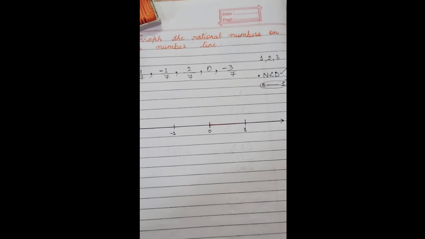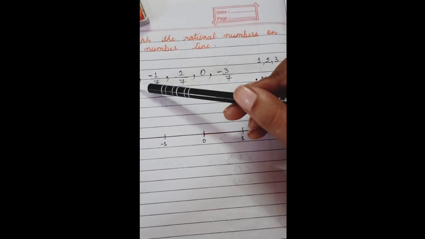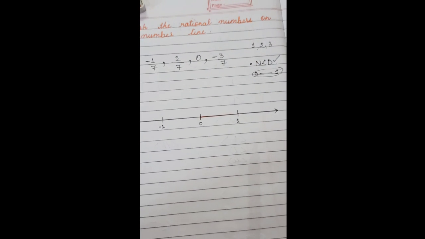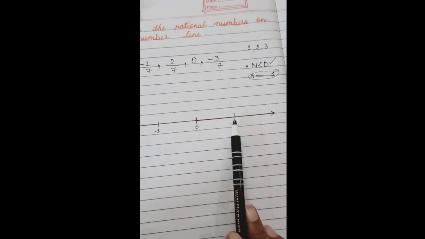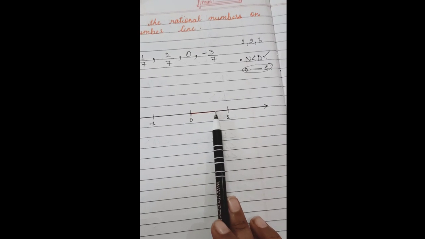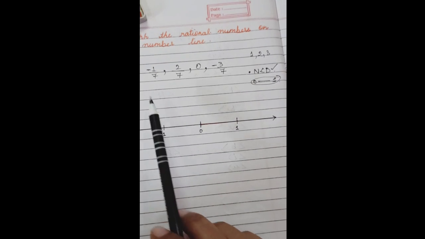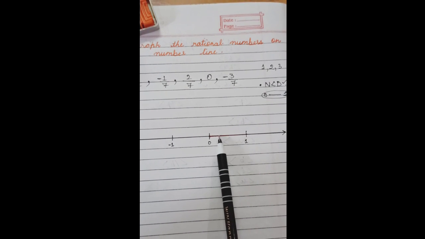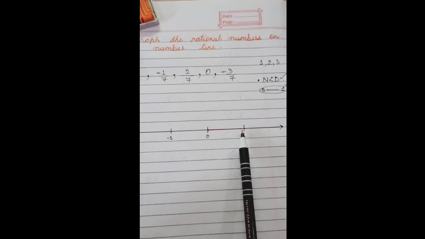Now what does this denominator part tell us? This denominator part tells us in how many parts, in how many sections this segment is divided. Here the denominator is 7. It means that this section is divided into 7 equal parts.